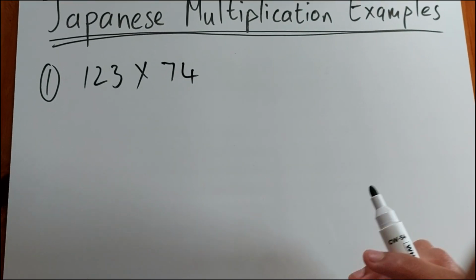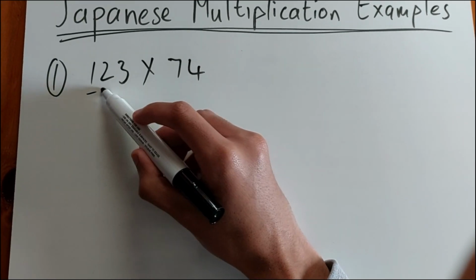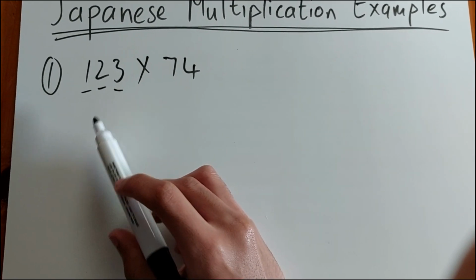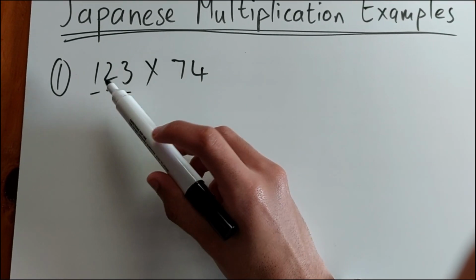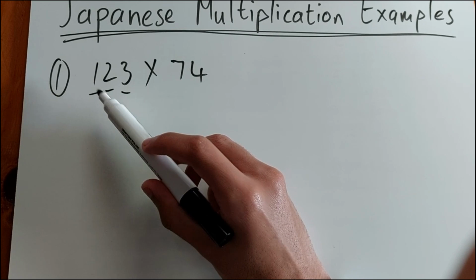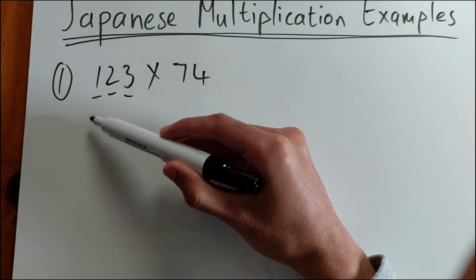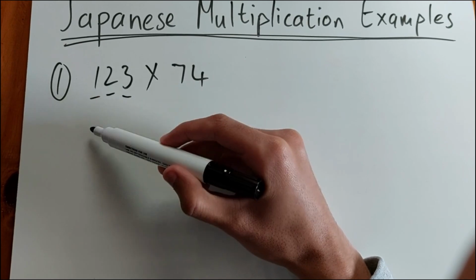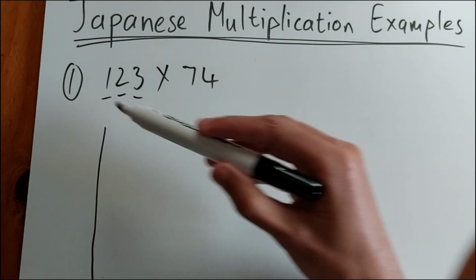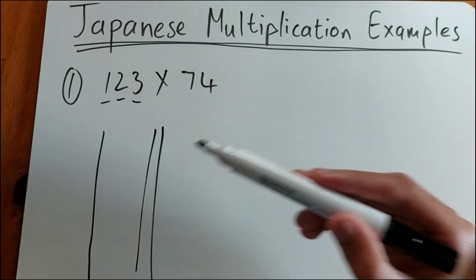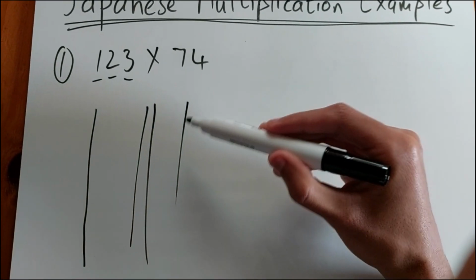So the first step requires us to draw our vertical lines for the first number, meaning that we will have three groups of vertical lines. The first digit is a 1, the second digit 2 vertical lines, third digit 3 vertical lines.